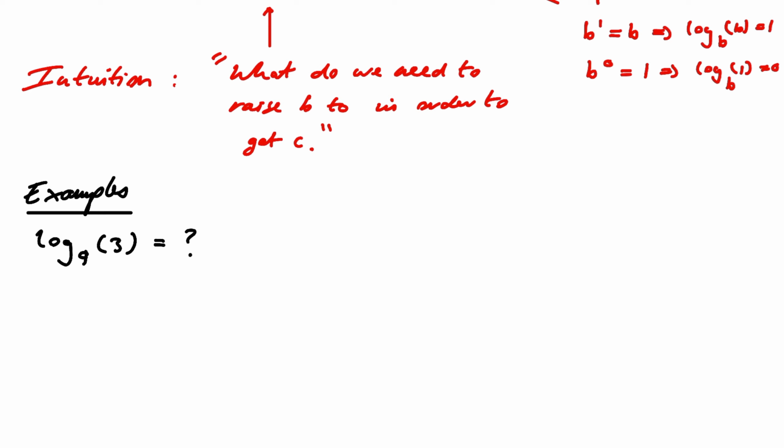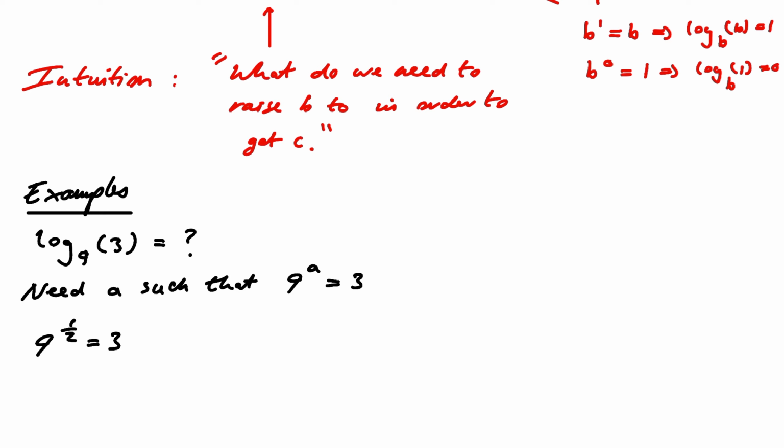So we need an a such that 9 to the power a is equal to 3. Well, what works? Thankfully, I know the square root of 9 is equal to 3, so 9 to the power a half is equal to 3.